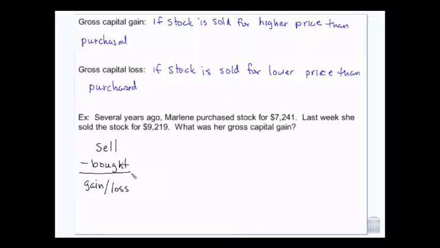If it's negative, it's a loss. So she had a gain of $1,978.